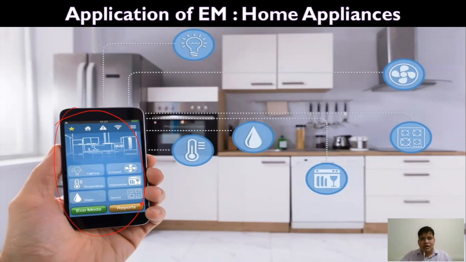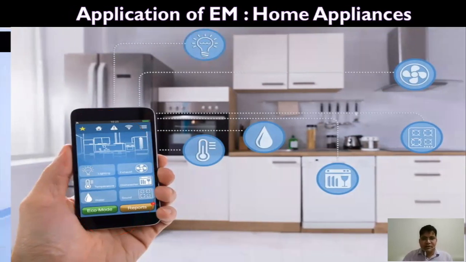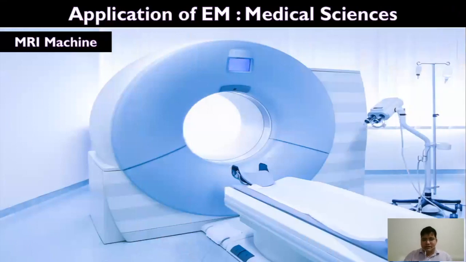We can operate the automatic door and the automatic light. The microwave oven also works on microwave frequencies. We can switch our refrigerator on and off, and several other equipment, door locks, and security systems. So all these things are related to electromagnetic fields.